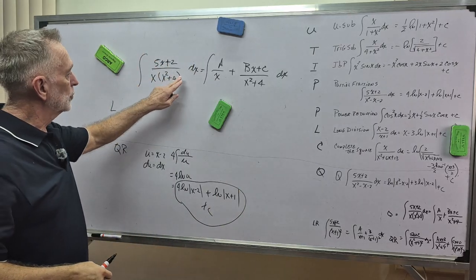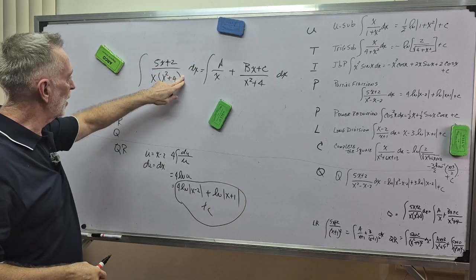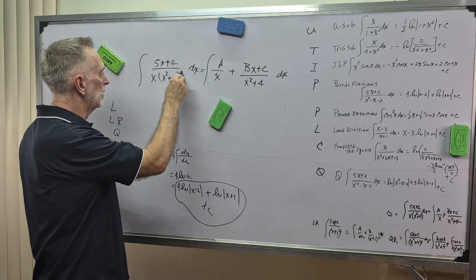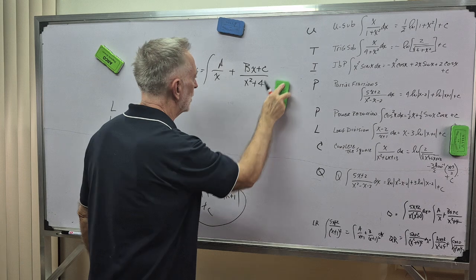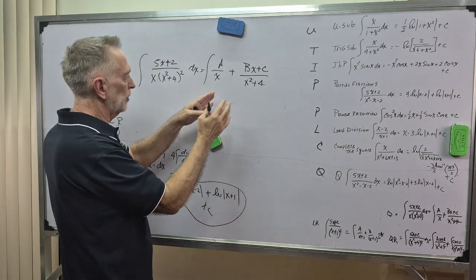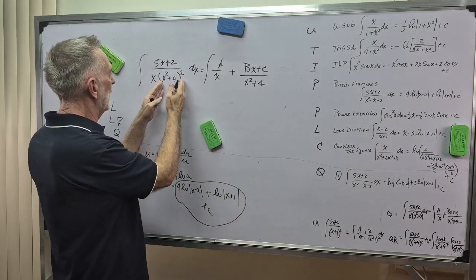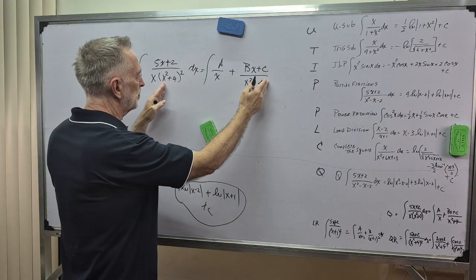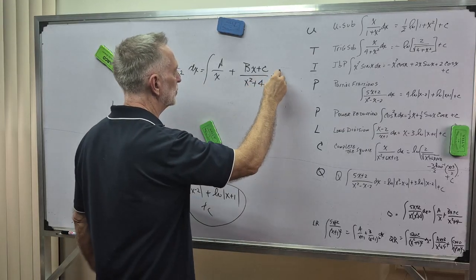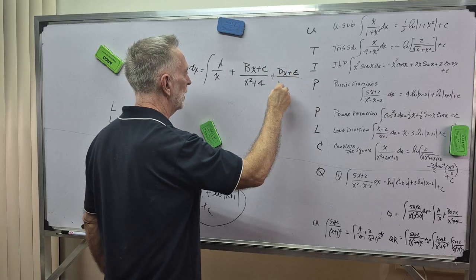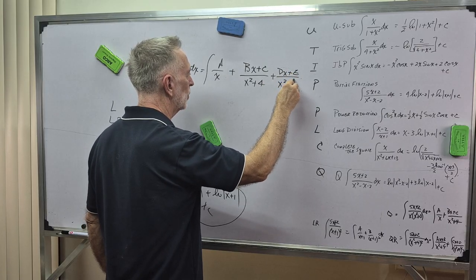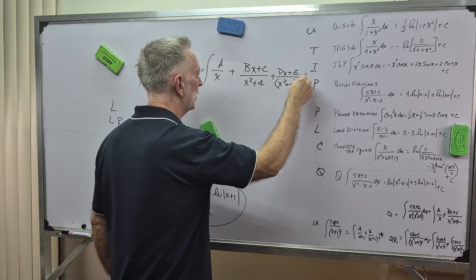Now, if it's a quadratic repeated, I have that scenario. Just like I did earlier, if it's repeated, I have this to the first power plus dx plus e over x squared plus 4 squared dx.